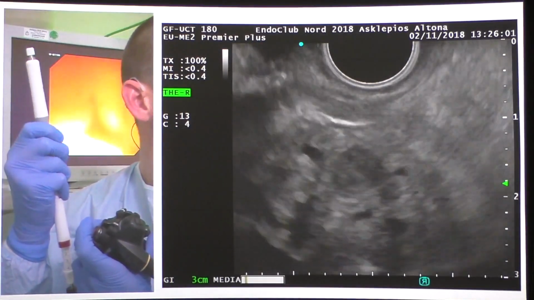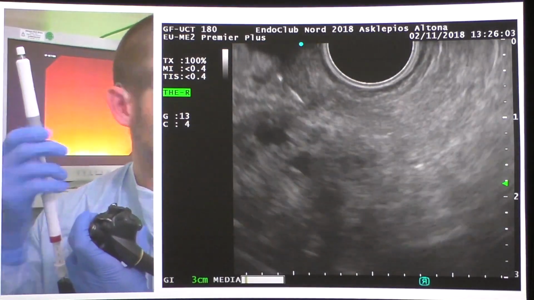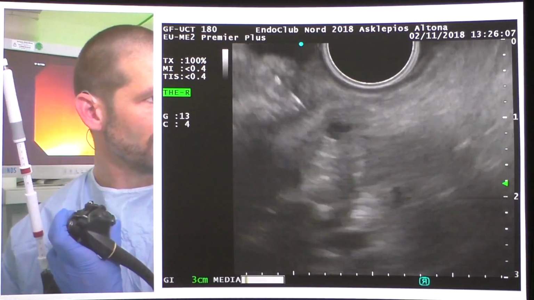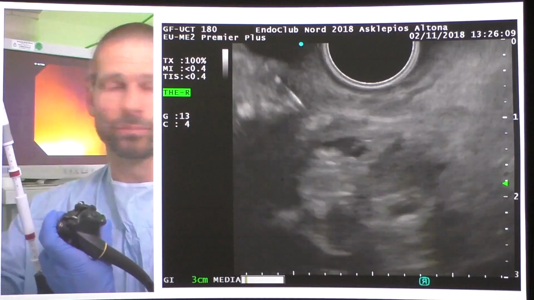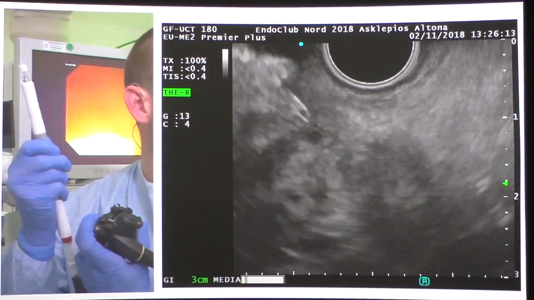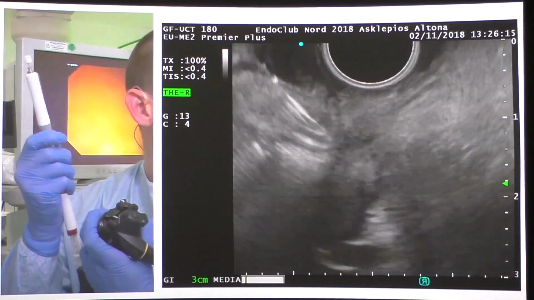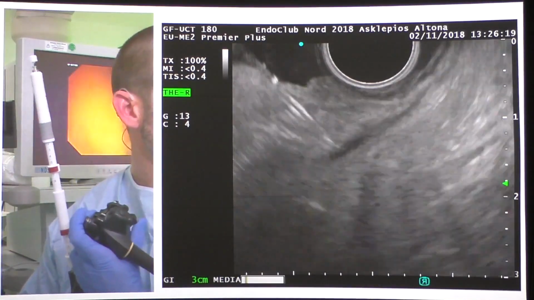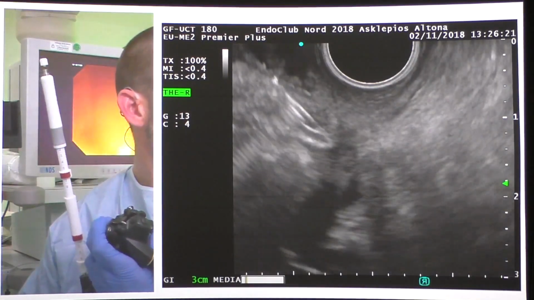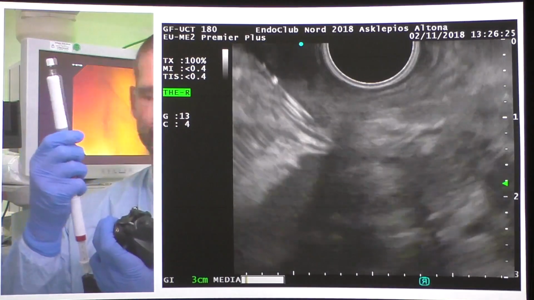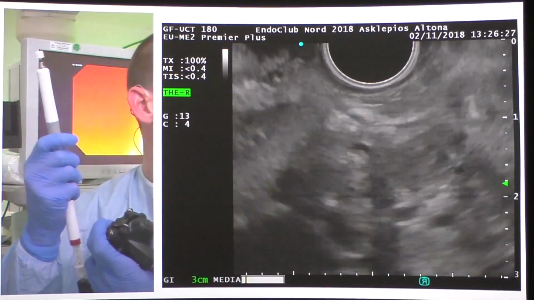Pausing the splenic artery, there's quite a lot of alveoli. Now, it depends on how the patient is breathing. I took a 19G needle because I might want to use suction of liquid.